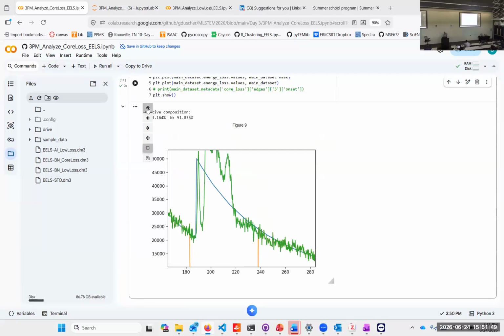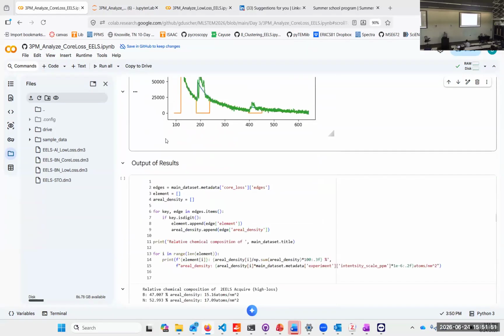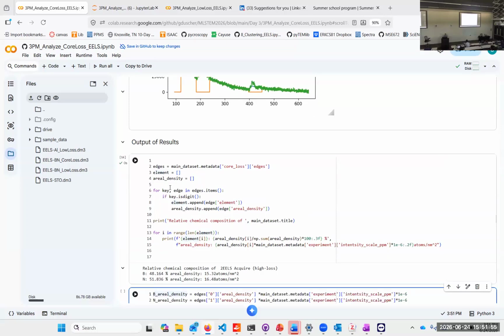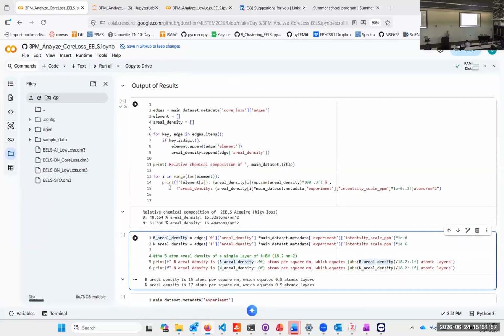So nice fit, straightforward. So if we put an output of that, you remember that? Our fitting parameter was the atoms per square nanometer because we calibrated everything accordingly, right? So our cross-section is in atoms per square nanometer, so everything is here now.